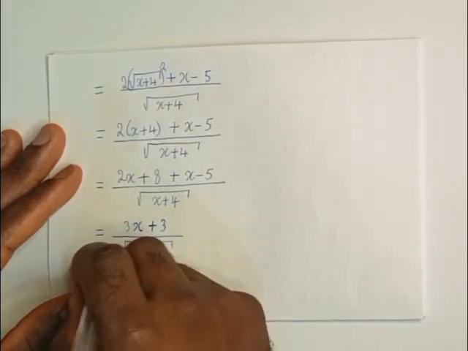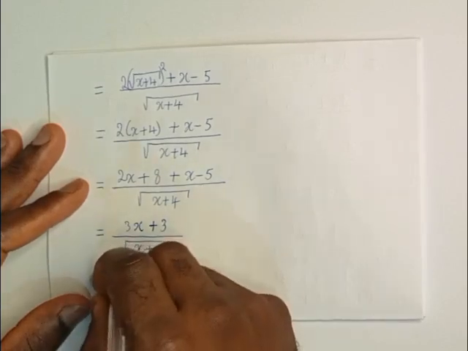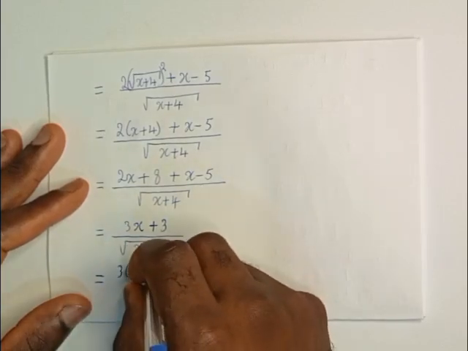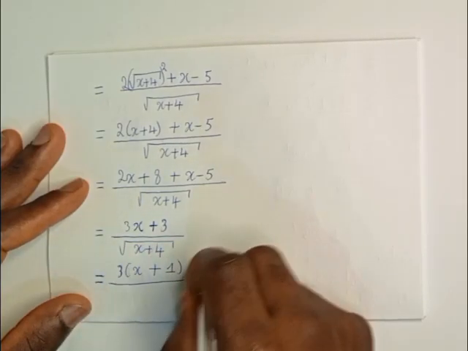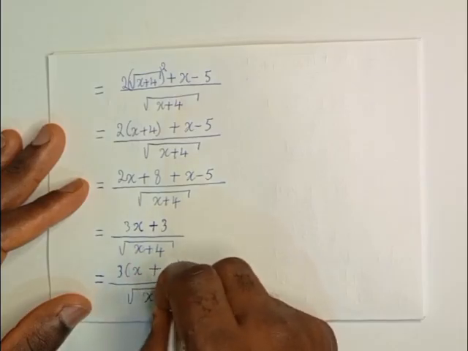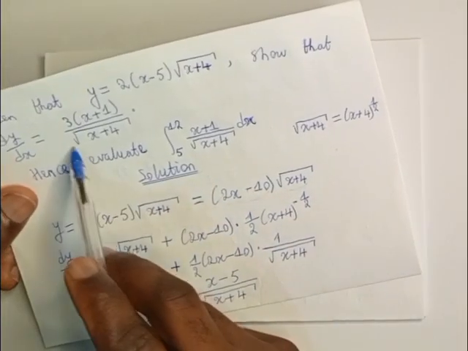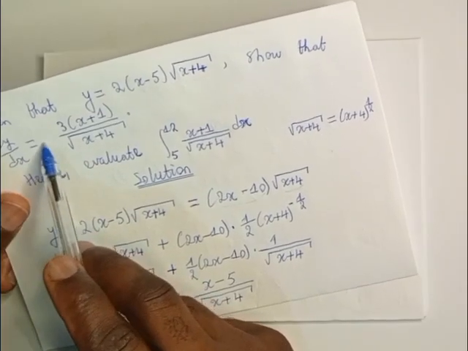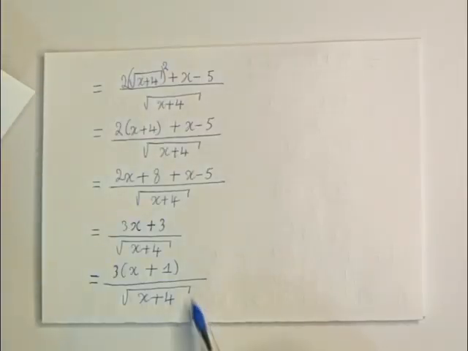At the numerator, we can factor out 3. 3 times x gives us 3x, plus 3 times 1 gives us 3, all over the square root of x plus 4. And this is what we are to show. We are to show that dy on dx is equal to 3 times x plus 1 all over the square root of x plus 4, which is this.